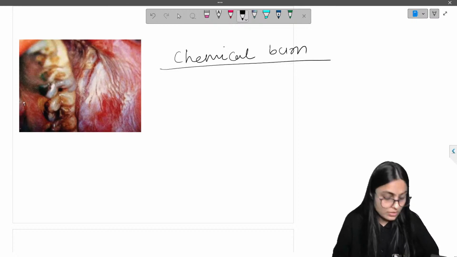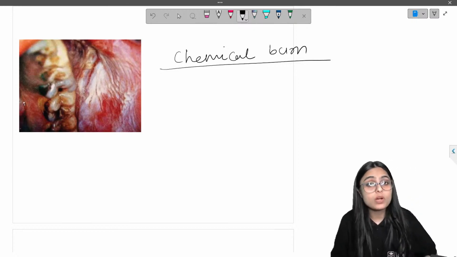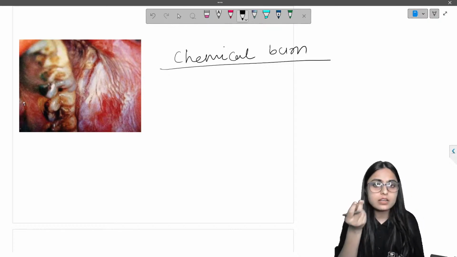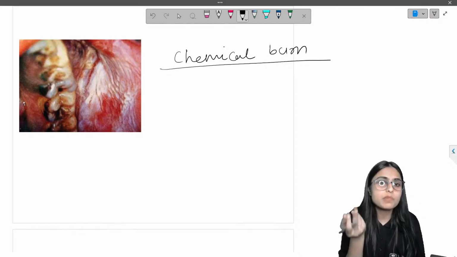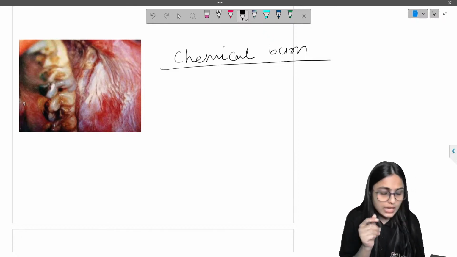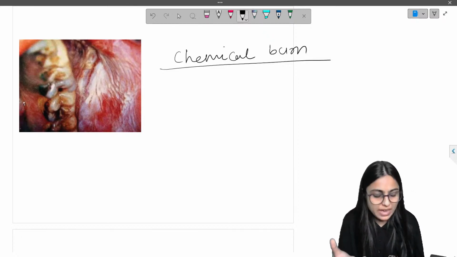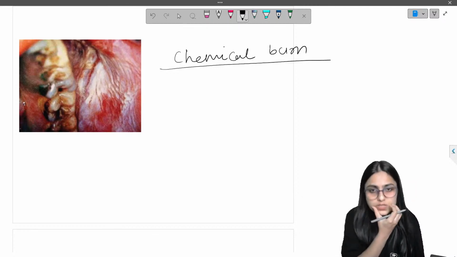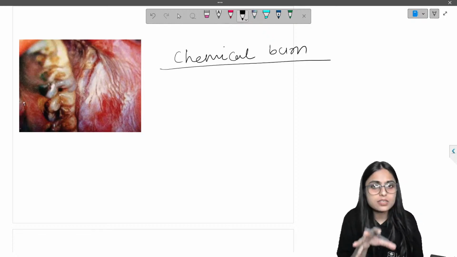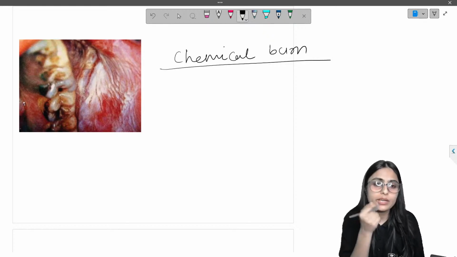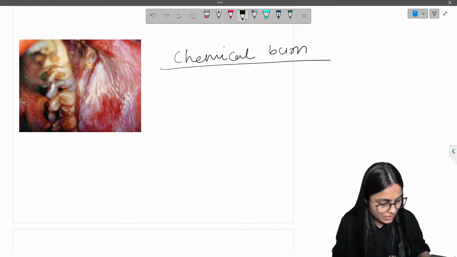Reverse smoking causes, we are going to see smoker's palate, unless the hot part touches the mucosa, we have the other condition, which is smoker's palate. Reverse smoking can cause thermal burn. Yes, your answer for this question is yes. It can cause it if the hot point touches the mucosa.